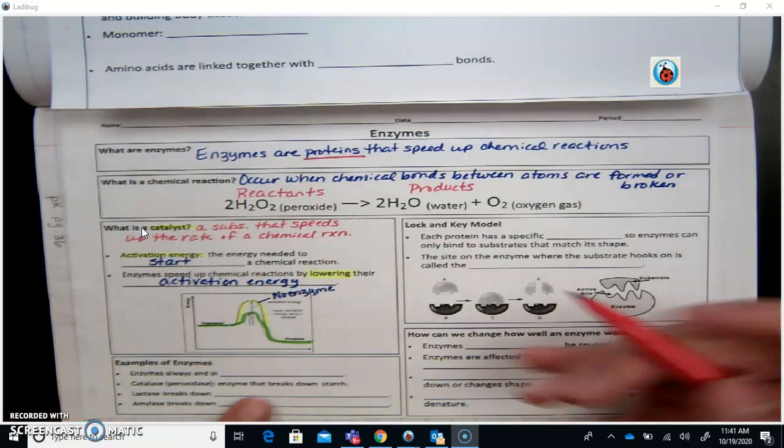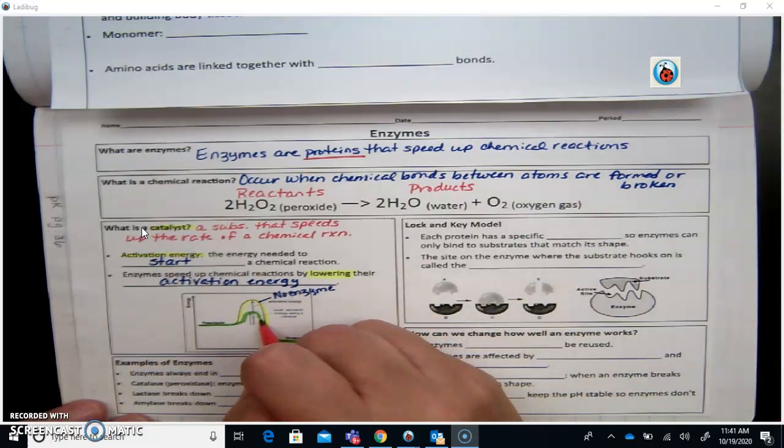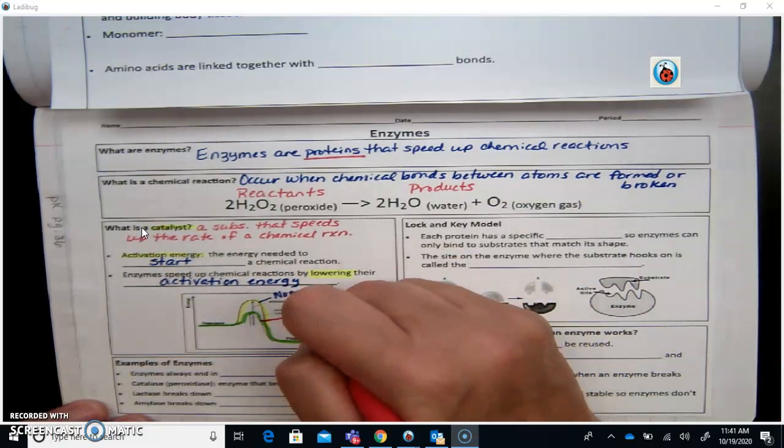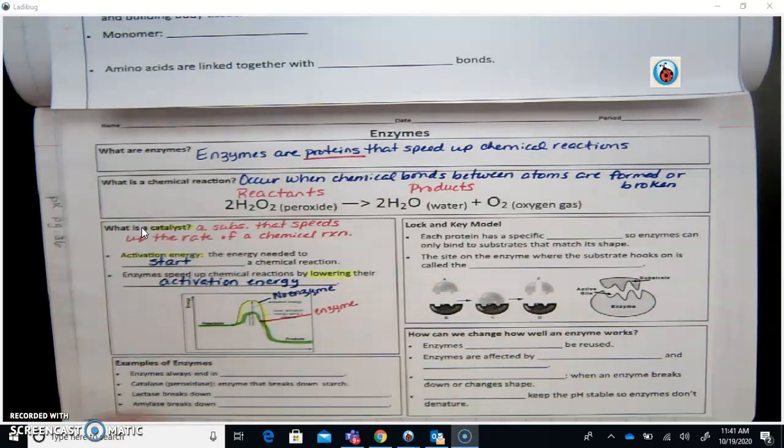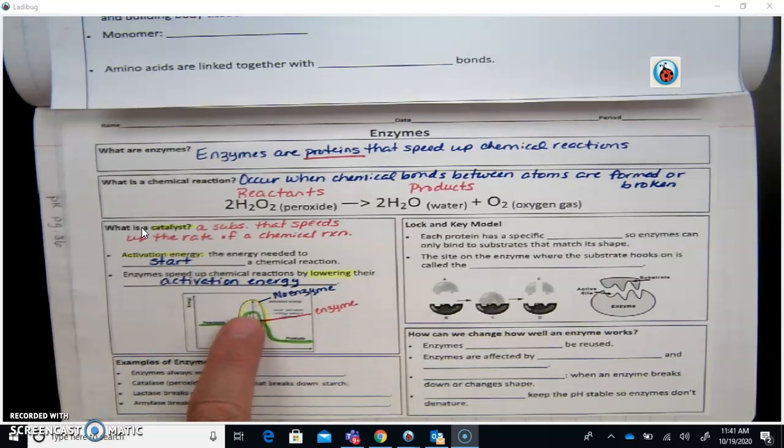The green is showing you when there is an enzyme used. You can see that when an enzyme is being used in the chemical reaction, the activation energy is much lower than when there's no enzyme used.